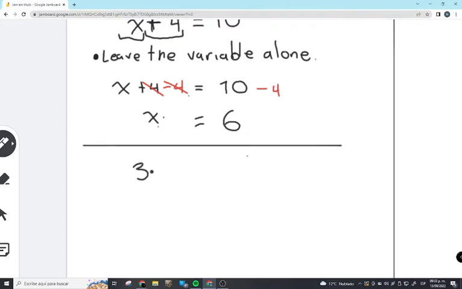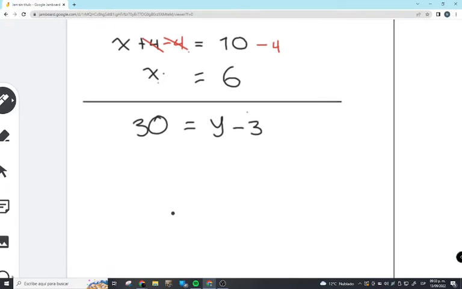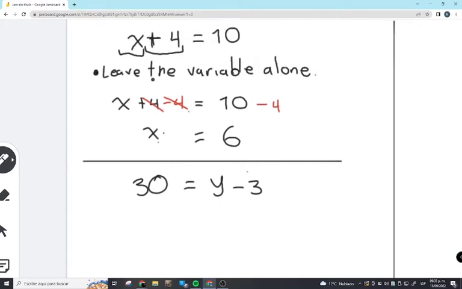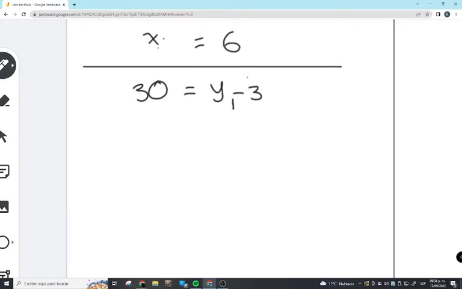Now, let's imagine that I have this other exercise. Let's say that I have 30 equals, now I'm going to use y minus 3. 30 equals y minus 3. So here, remember, we want to leave the variable alone. So leave the y alone. This minus 3 is in our way.